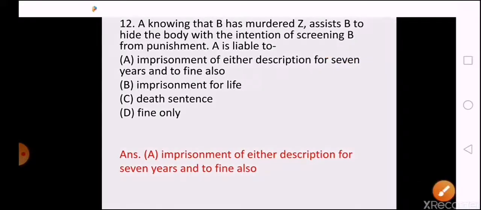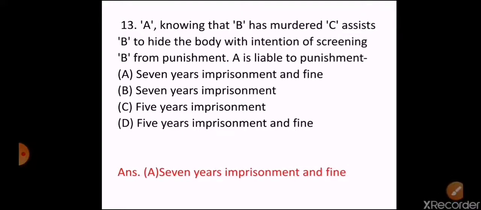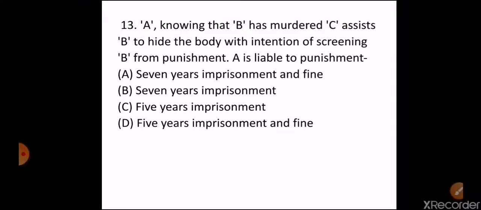The next question will be the last question of this series, and by mistake I have shown you the answers also, but nevertheless I will read the question again for you all. A, knowing that B has murdered C, assists B to hide the body with intention of screening B from punishment. So A is liable for punishment.